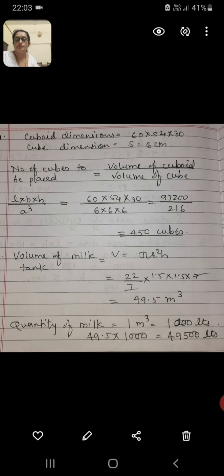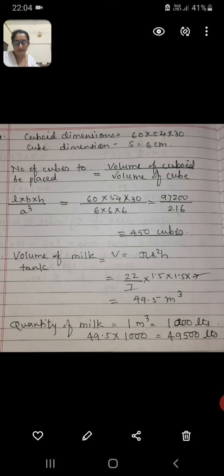For that we should know the volume of the cube and volume of the cuboid. So volume of cuboid divided by volume of cube. Volume of cuboid is L into B into H and volume of cube is A raised to 3. So 60 into 54 into 30 divided by 6 into 6 into 6, that gives you 450 cubes. So 450 cubes can be placed in that particular cuboid box.